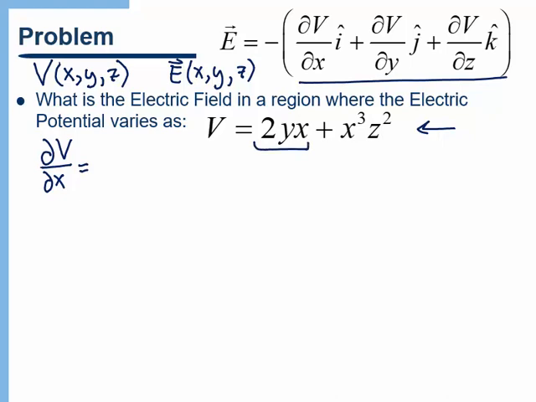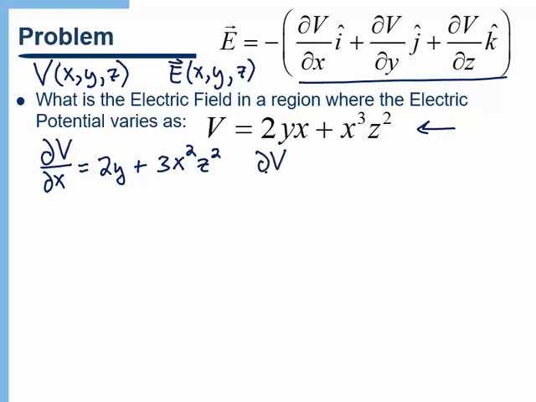The y is just a constant, so it just hangs out like the 2, and we get 2y for the first term. The second term, we have z squared, which is just going to be a constant, and then the derivative of x cubed would be 3x squared, and then we'll just keep the z squared right there at the end. Okay, so that's the partial derivative with respect to x.